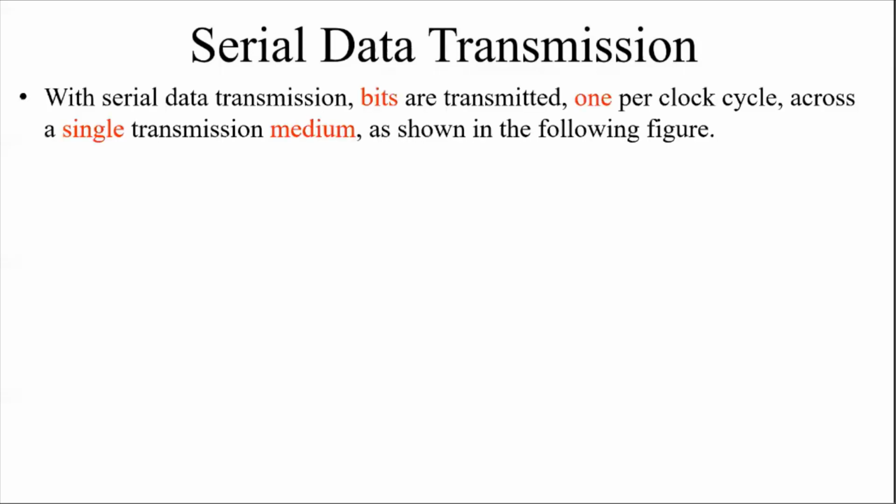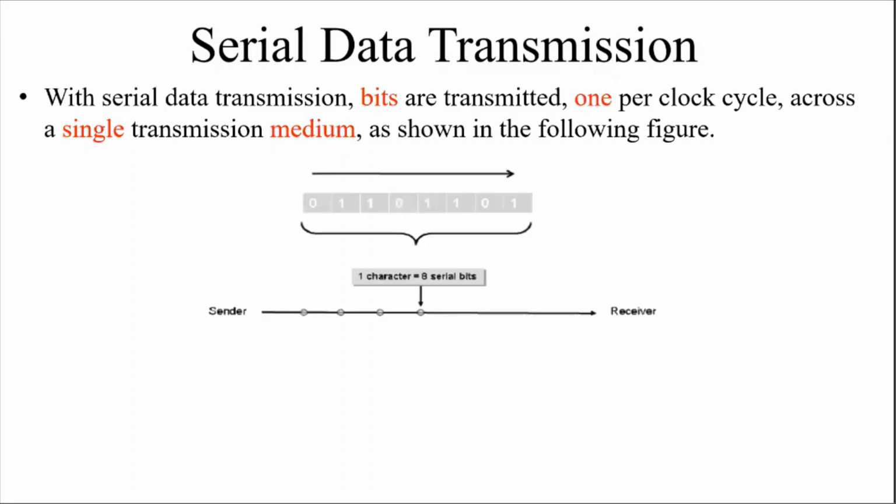That is serial data transmission and parallel data transmission. With serial data transmission, bits are transmitted one per clock cycle across a single transmission medium, which means that the data is transmitted one bit at a time through a single wire or channel.